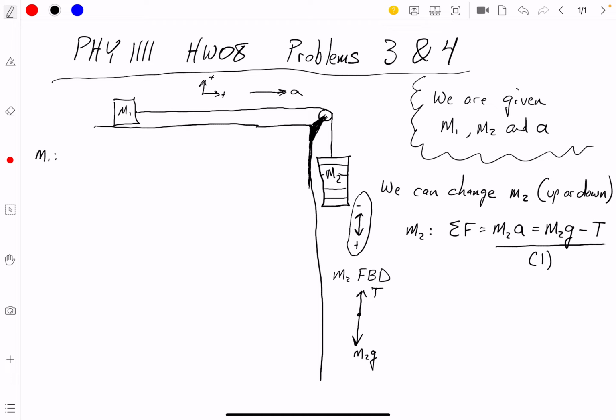And now we can come over here and do M1. So M1 actually has, let's do the free body diagram for M1. We have a normal force. We have M1G.